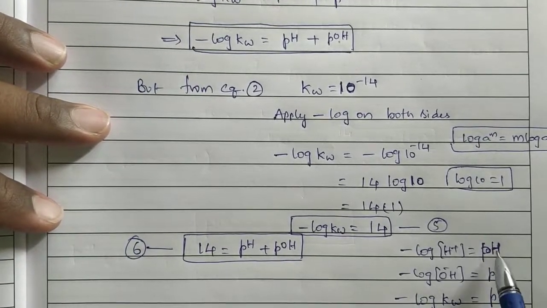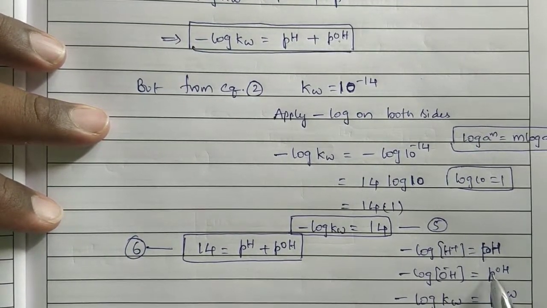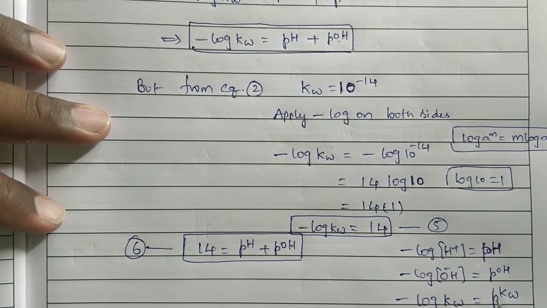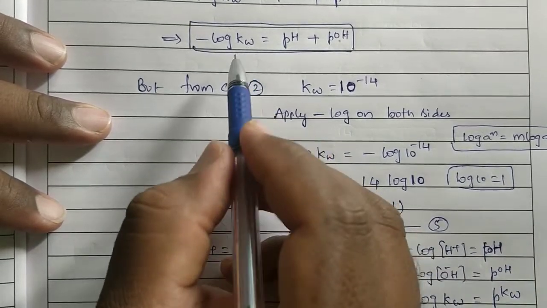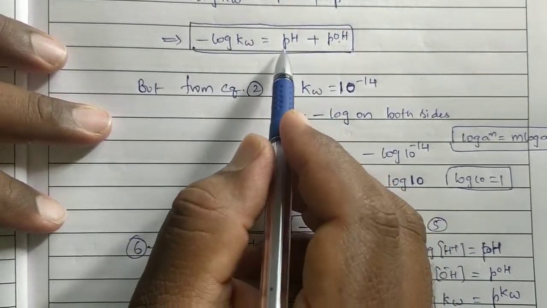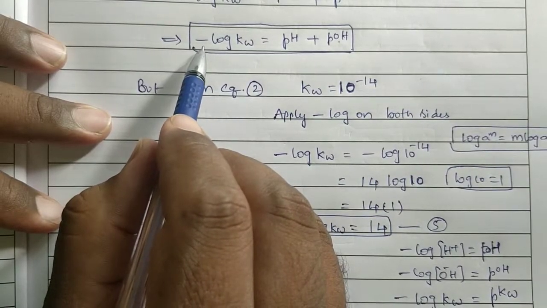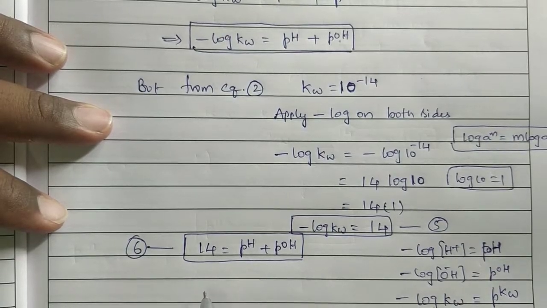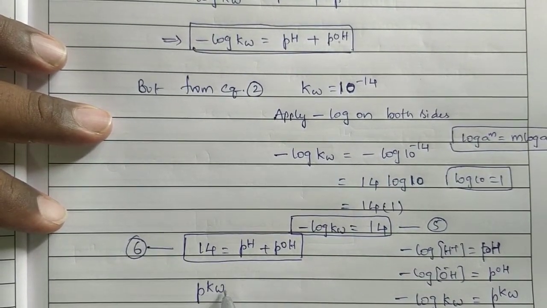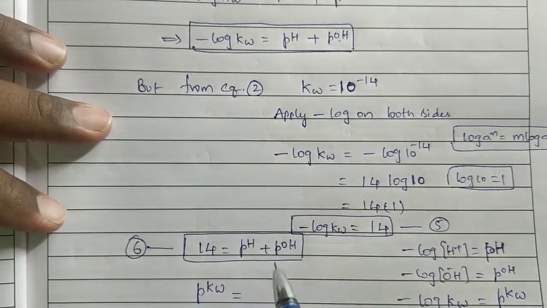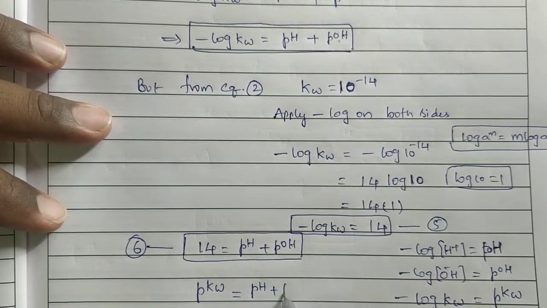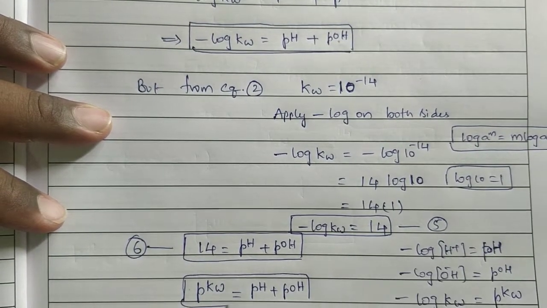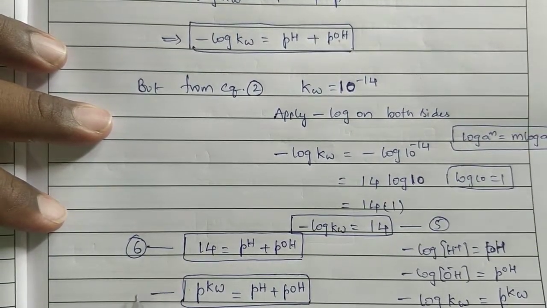Similarly, H plus means pH I wrote, OH minus ion means pOH I wrote, Kw means pKw. Now again from this one, pH plus pOH is equal to minus log Kw. Minus log Kw I can write as pKw. So finally I am going to write pKw is equal to pH plus pOH. This is equation 7.